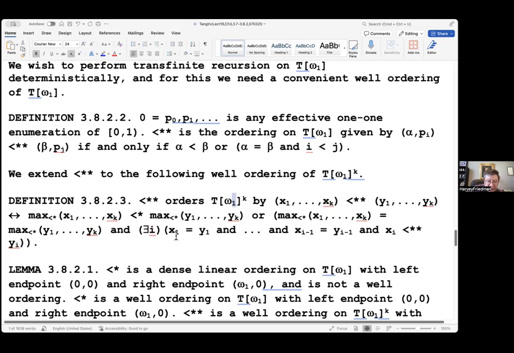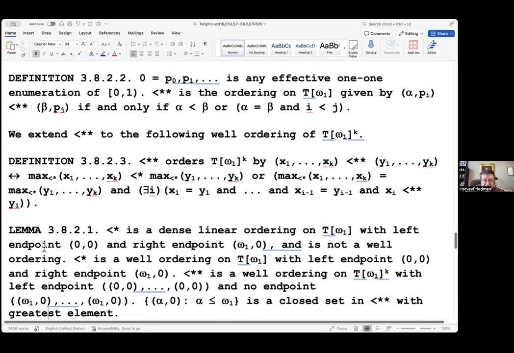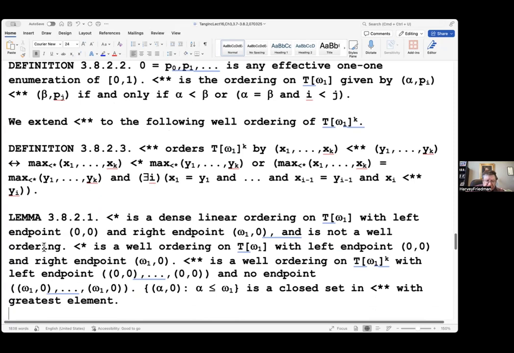In other words, there is an i such that we have equality before i, and right after that we have inequality. It's a lexicographic thing again. So less than double star is just canonically extended to k-tuples of pairs.